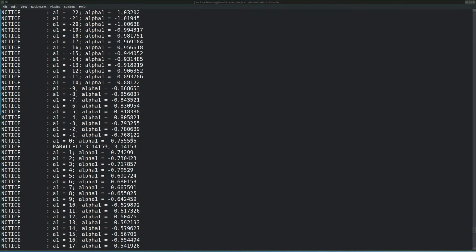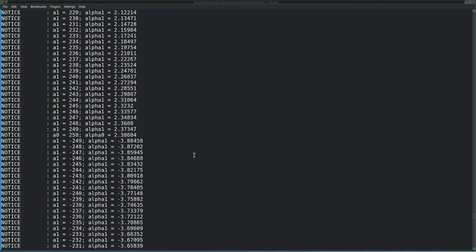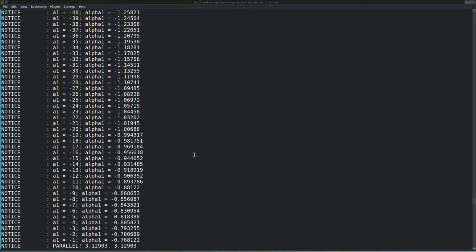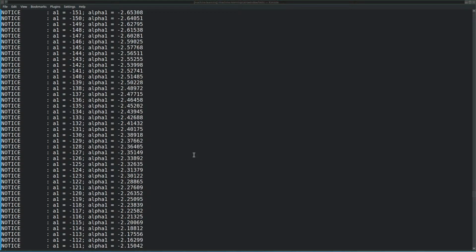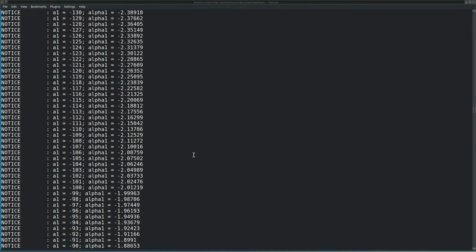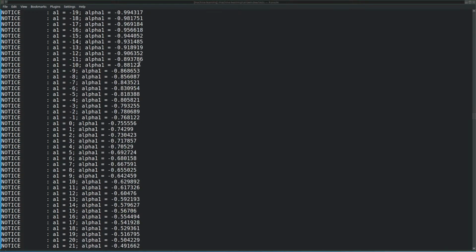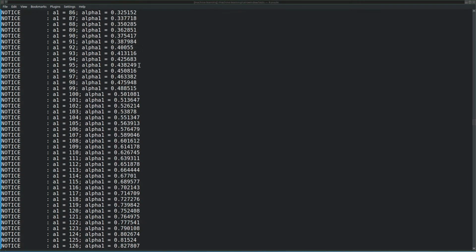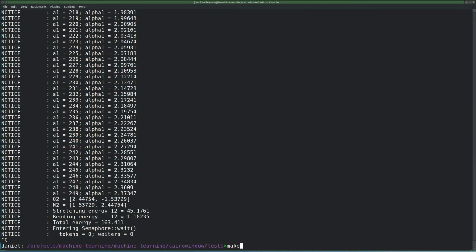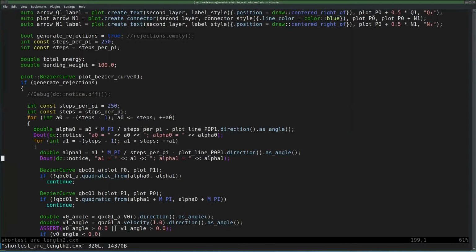Okay, so sometimes it prints parallel, but in a lot of cases they are not parallel, which is correct. So A1 is just changing, and then for one single value it's parallel. That makes more sense, but then what happens?